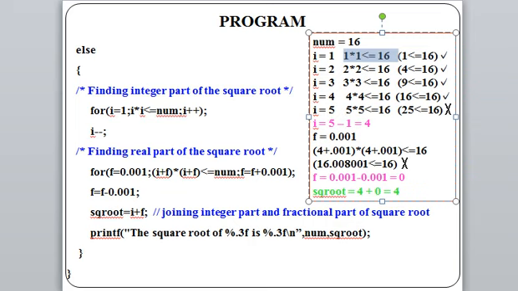Whether it is less than or equal to 16: 1 multiplied by 1 is 1, and 1 is less than or equal to 16, the condition is true. When the condition is true, it will go back to executing that for loop again.